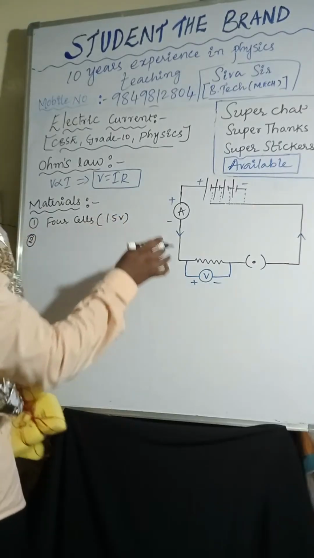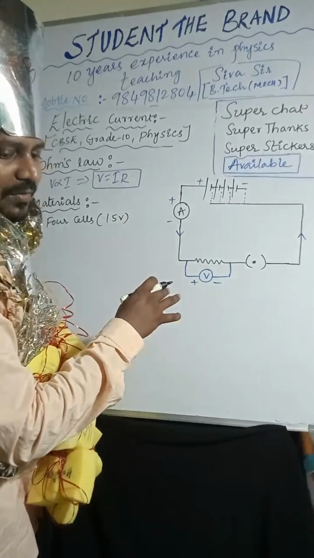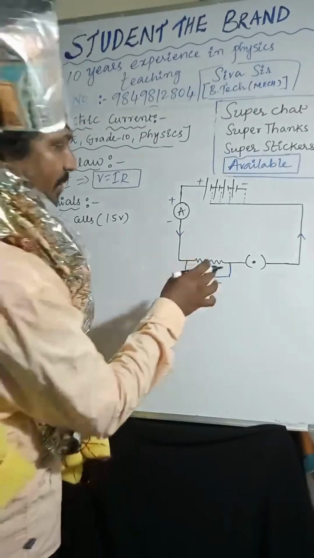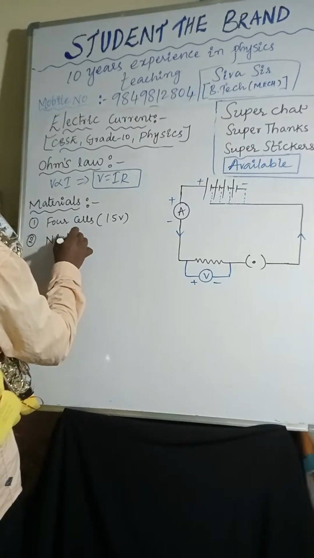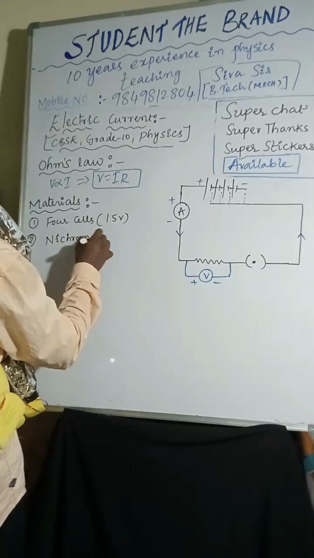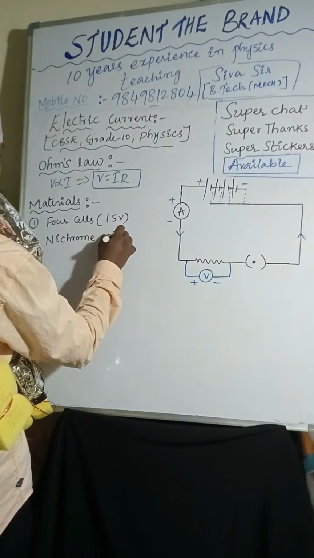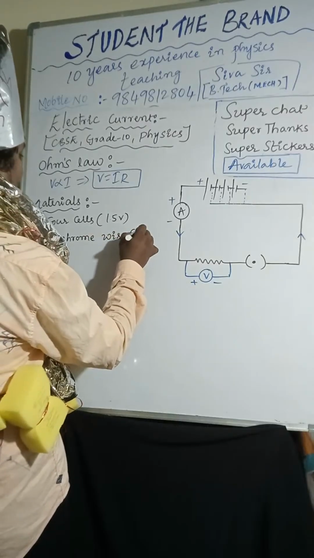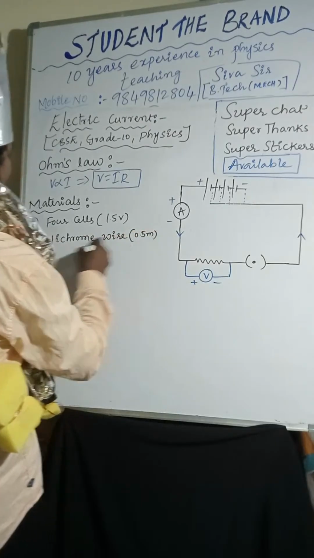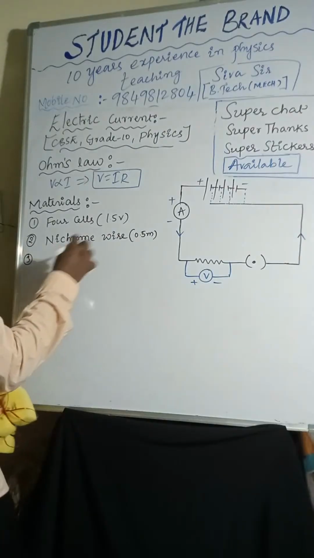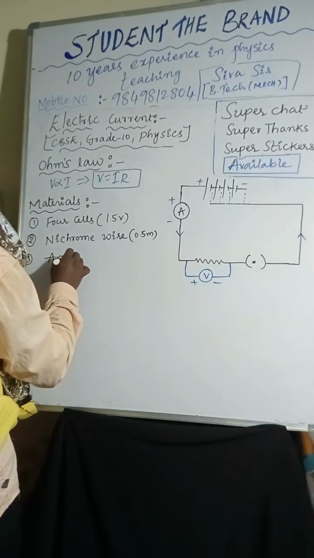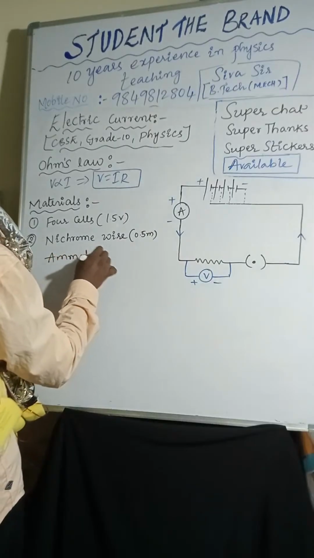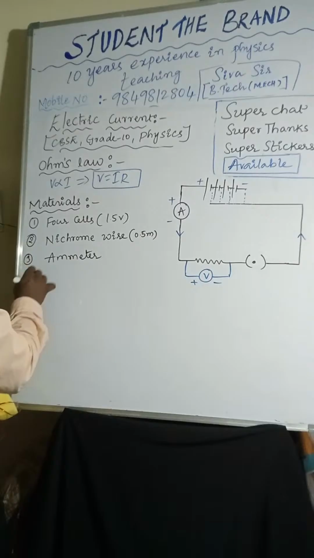Second one, nichrome wire, which is an alloy of nickel, chromium, manganese and iron, of 0.5 meter length. Coming to the third one, I'm taking an ammeter. Fourth one is a voltmeter.